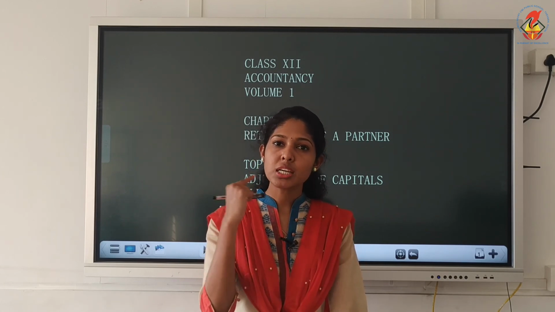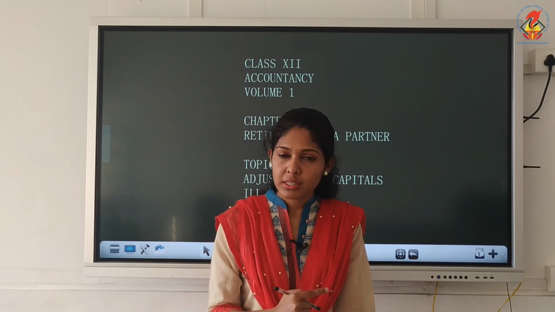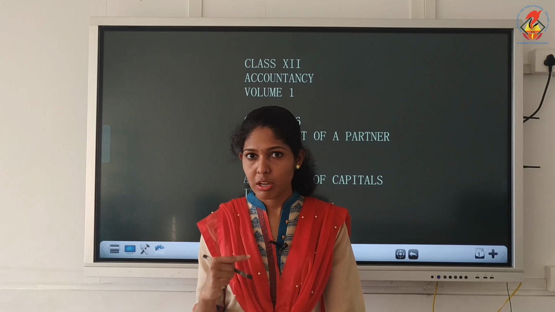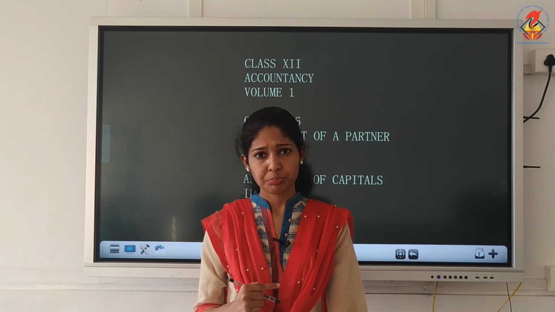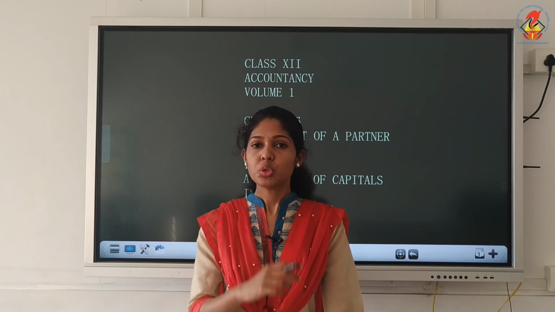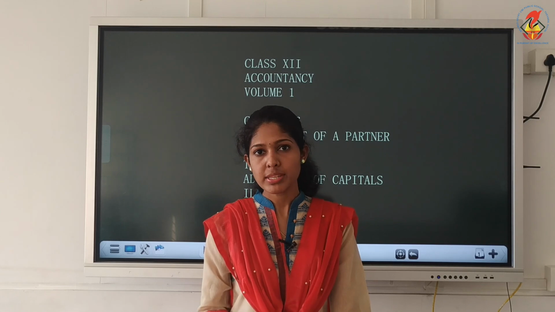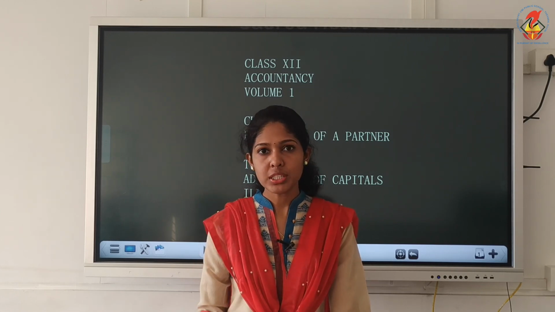We had to first compute the total capital and there we applied one formula like new partner's capital into reciprocal of his share under first method. So here the total capital is directly given. So you don't have to apply any formula to get the total capital, it's directly there in the question. So you just have to continue with the total capital.